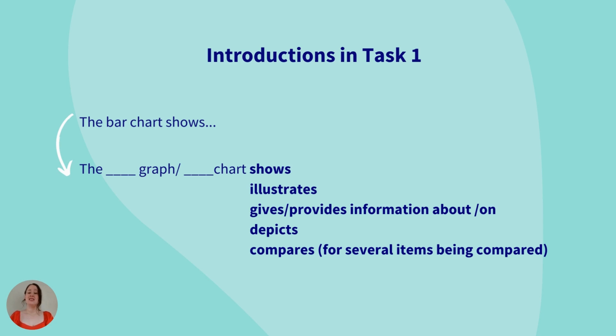And instead of saying shows, we could also use illustrates, gives or provides information about or on. We could also use depicts and compares. Remember, only use compares if the data shown compares several items.